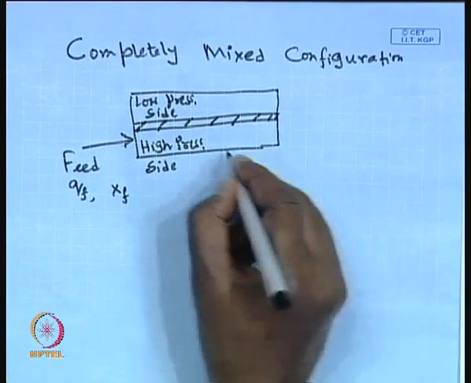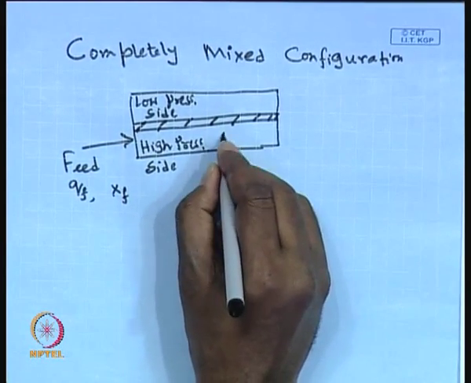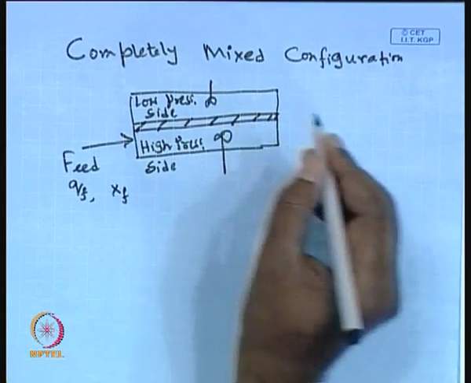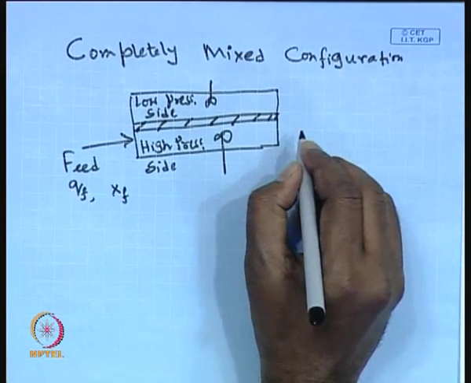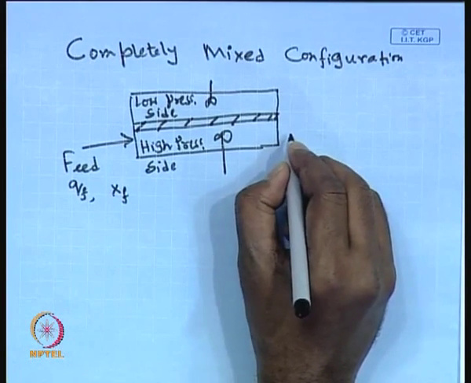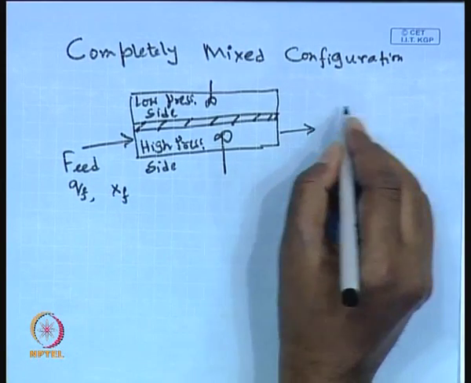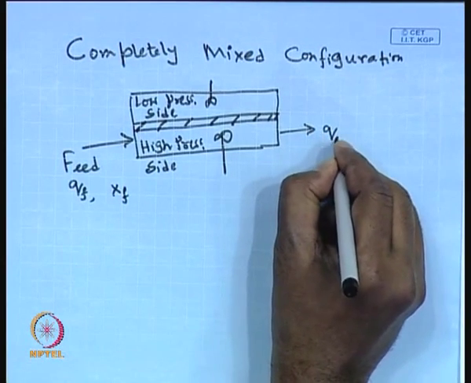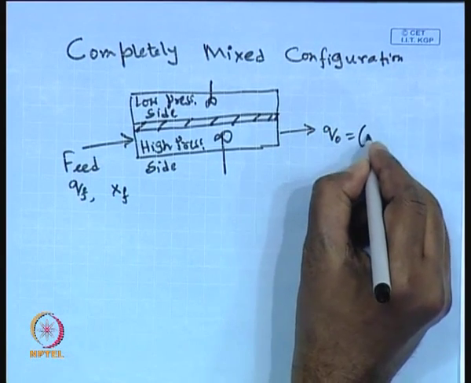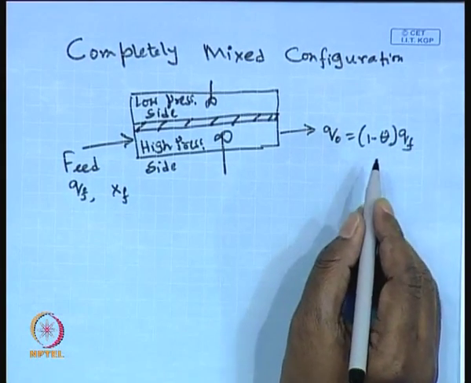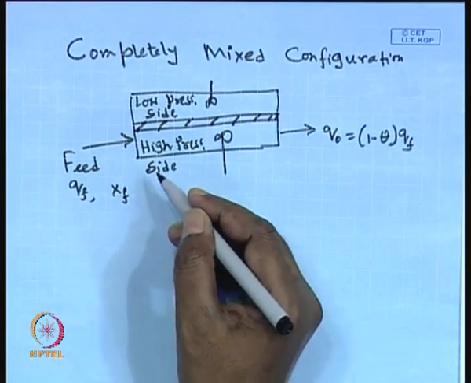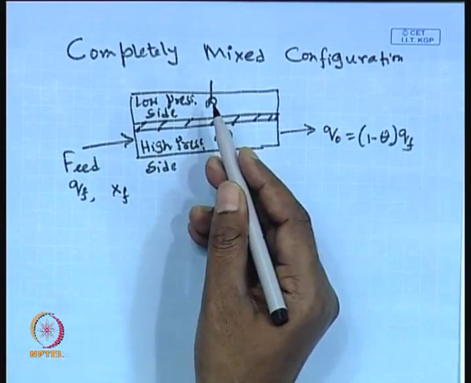It is completely mixed, and this is also completely mixed. The flow rate that is going out is 1 minus theta times QF. What is theta? Theta is the fraction of the feed that is going into the permeate.